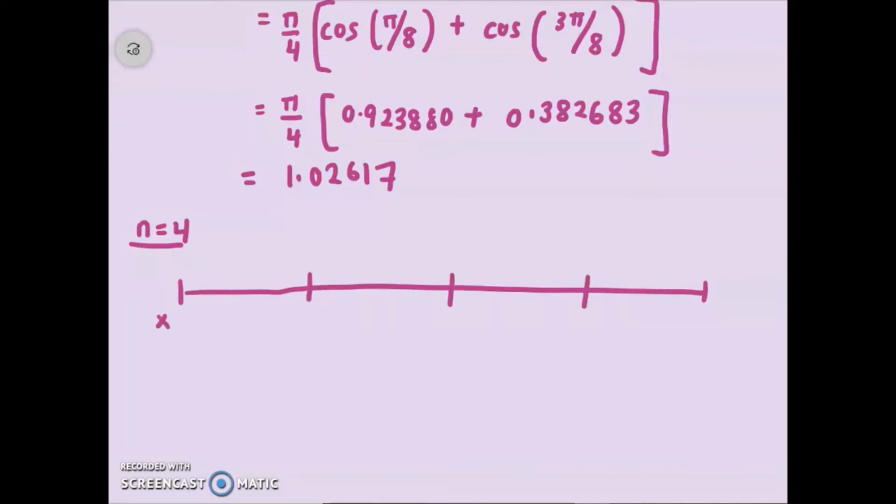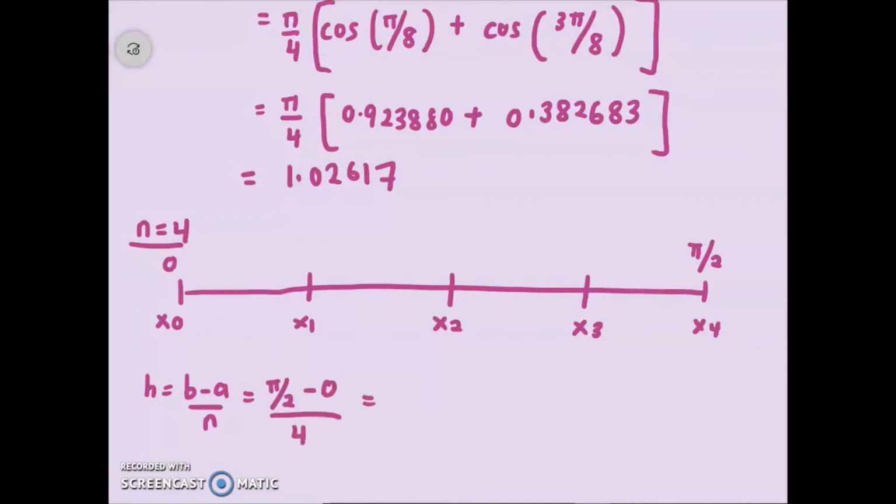This is my x0, x1, x2, x3, x4, where this is 0 and this is pi over 2. What is h? h is (b minus a) over n, which is (pi over 2 minus 0) divided by 4, which is pi over 8. So this is pi over 8.